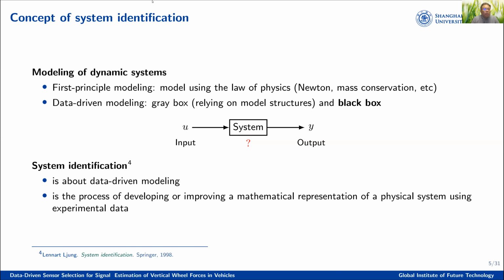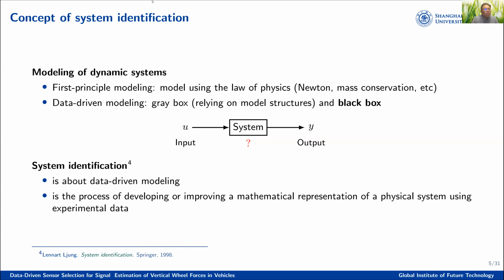A very related term is system identification, a very close research area which also deals with data-driven modeling. In system identification problems, usually this is a process where we try to develop or improve a mathematical representation of a physical system using experimental data, not just simulation data.